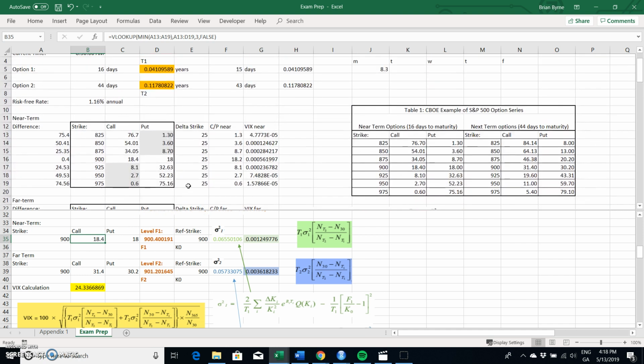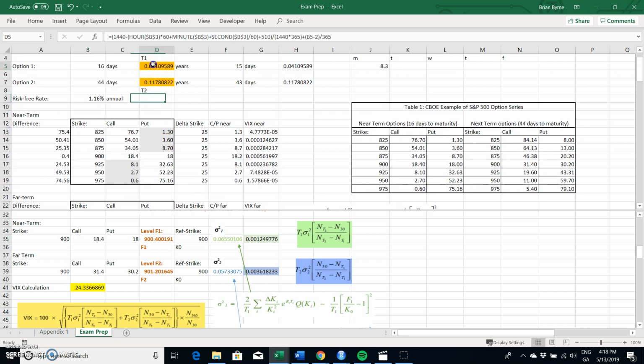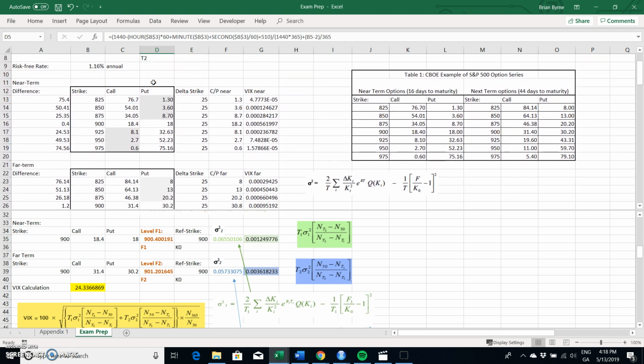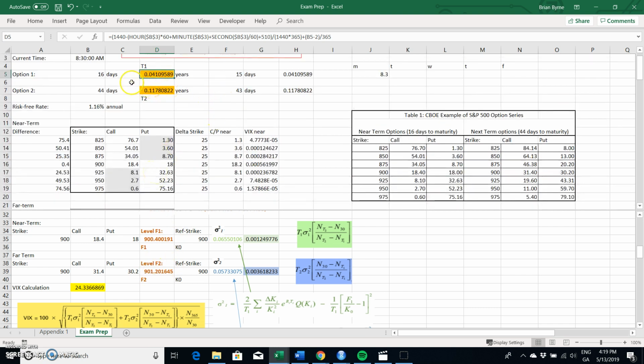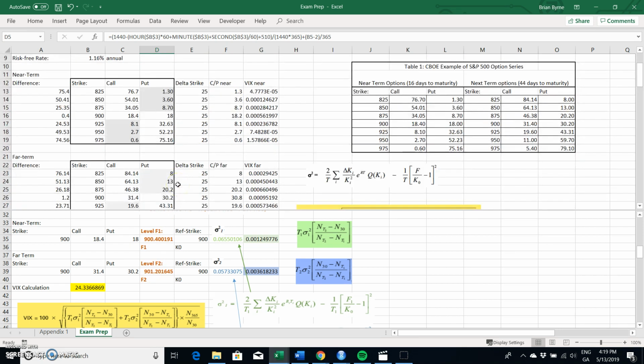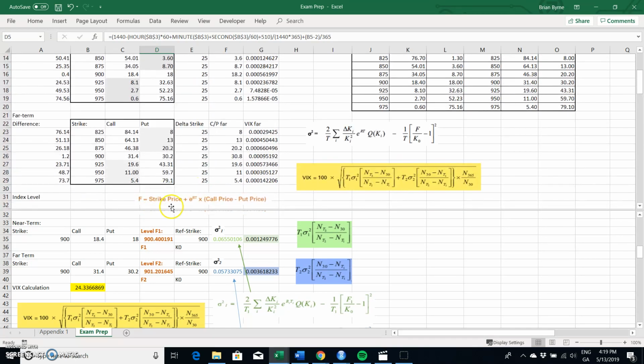For the shorter term maturity, it's the 15 days divided by 365. And for the longer term maturity, it was the 43 days divided by 365.